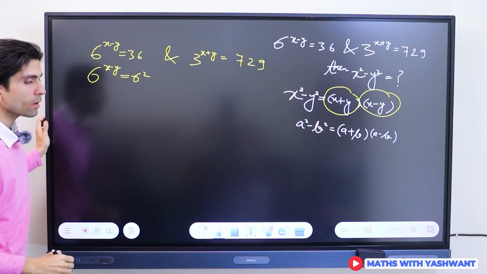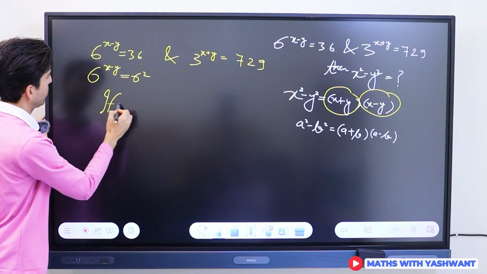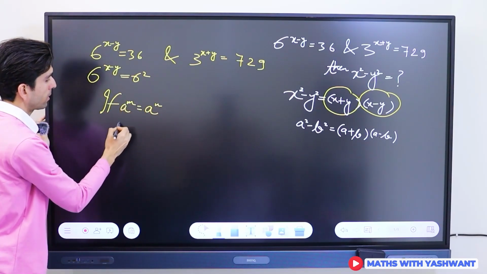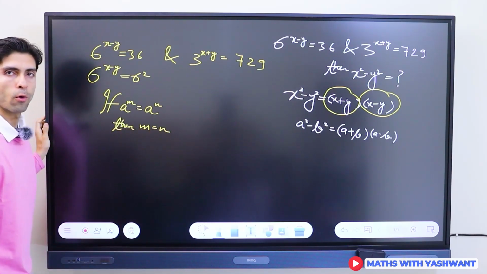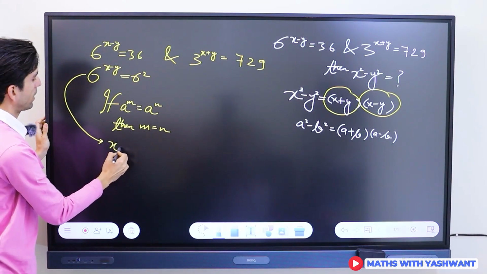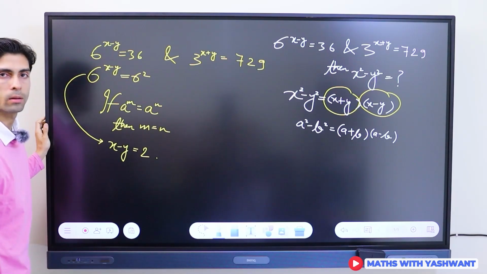Now we have exponent law that says if a to the power m is equals to a to the power n, then we can write m is equals to n. Following this, for this equality we can write x minus y is equals to 2, right?